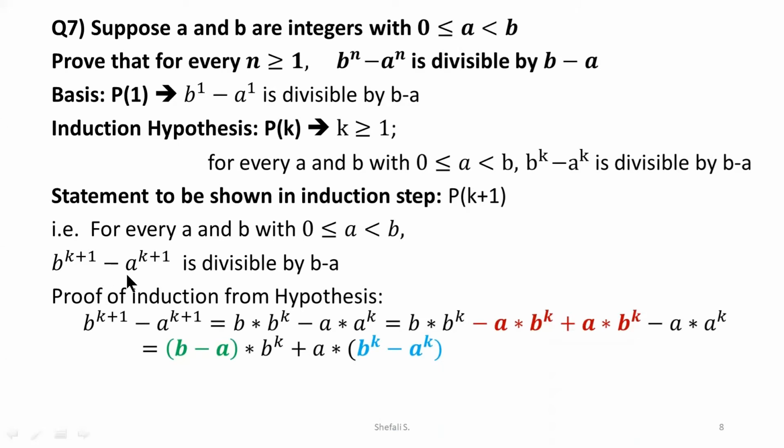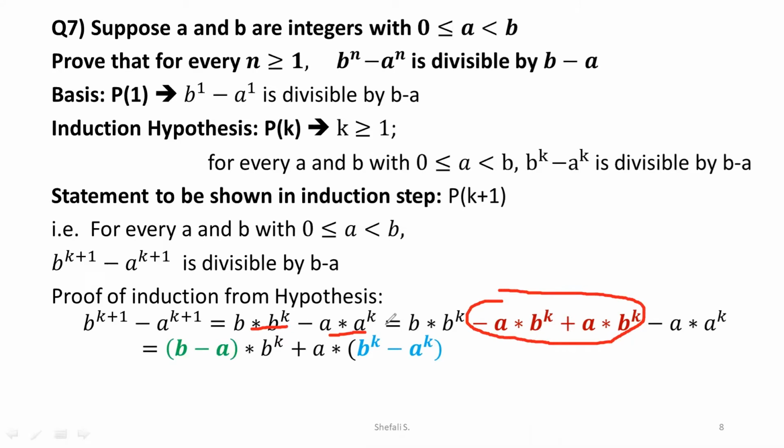So this term, the k plus 1 term, can be written in the form of the hypothesis, and that hypothesis will allow me to have an equation, b multiplied by b raised to k, minus a multiplied by a raised to k, that I can just rearrange, or I can just have the addition and the subtraction. So I can go for the effective addition and subtraction of the term which is required for me.